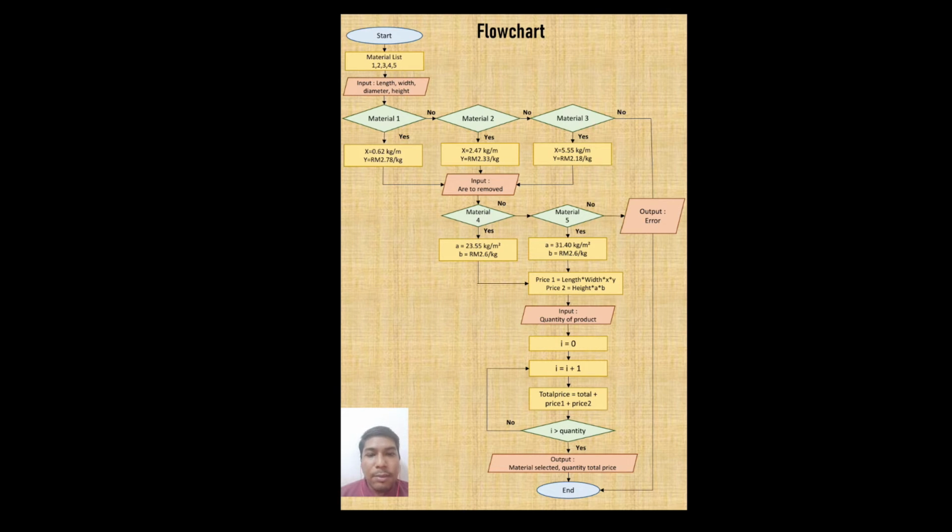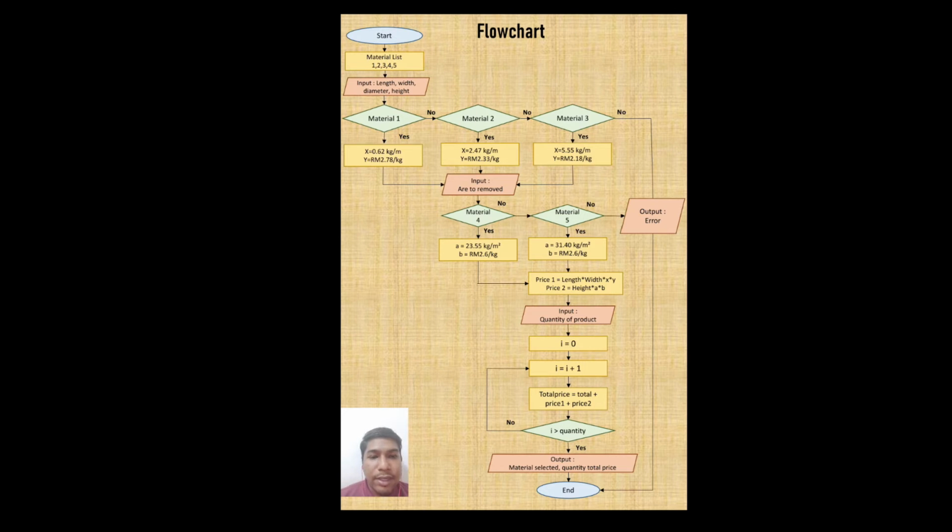Input area to remove. We remove the part that is unused. Then we can choose material 4 or 5. If we choose material 4, A equal to 23.55 kilogram per meter square, and B equal to 2 ringgit and 60 cent per kilogram.